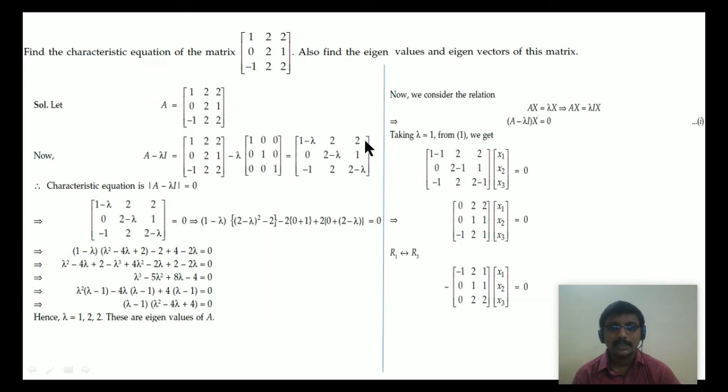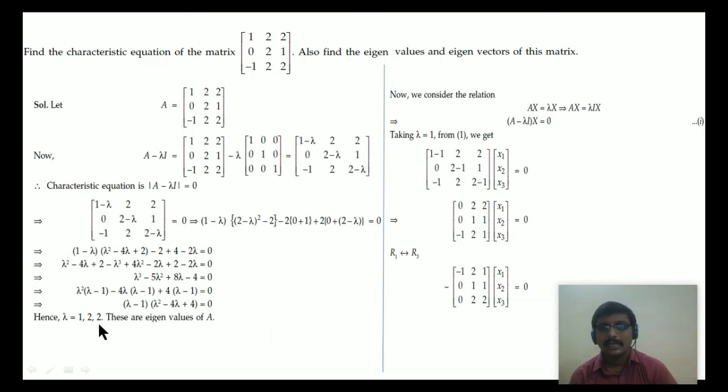Just finding the determinant and equating it to 0, we will have a polynomial like this. It is a cubic polynomial and it will have 3 roots. Finding these 3 roots by using Horner's method or synthetic division method, the 3 roots are known as characteristic roots, eigenvalues, latent roots or proper values.